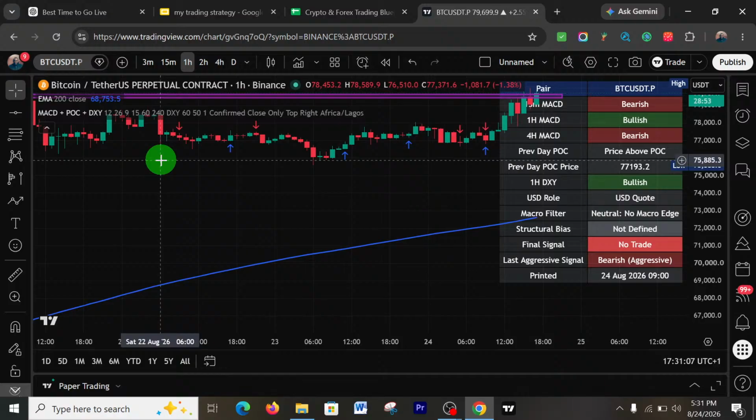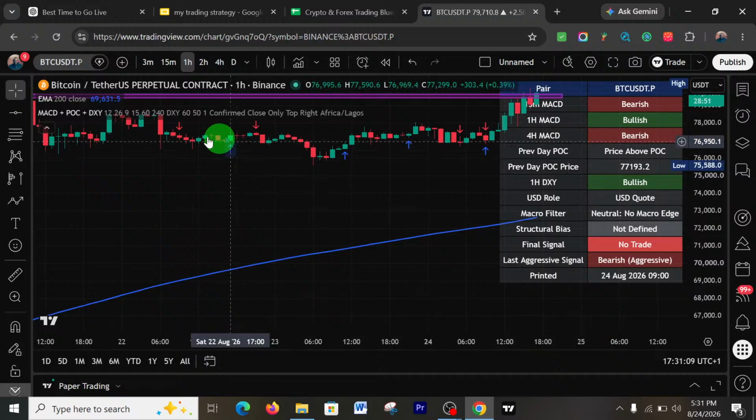So that's the corrective move that is giving you the bearish aggressive.